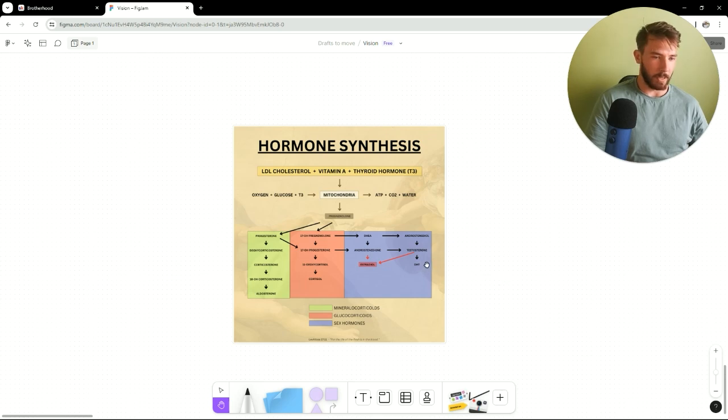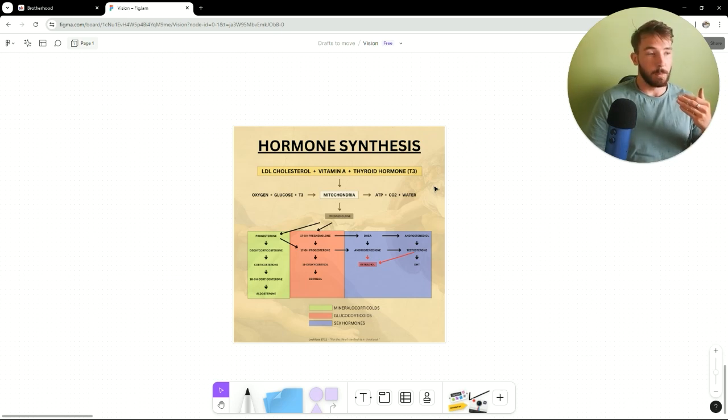So the point that I'm trying to make is, rather than focusing on this, you should focus on this aspect, which is upregulating your metabolic rate, which is how thyroid hormones connect with testosterone.